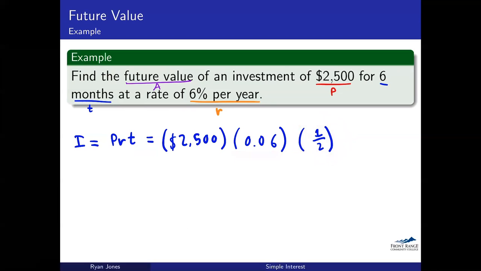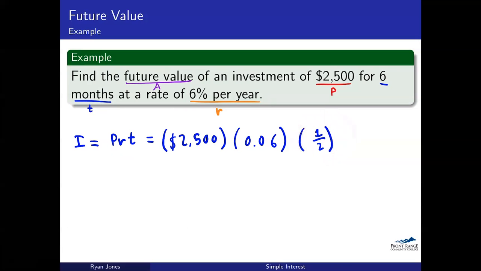The reason that I harp on the fact that this is almost always per year is that the interest rate is almost always per year. Just in real life, we almost always see interest rates per year. So most of the time we'll have yearly units. In some scenarios, like with credit cards, which we'll talk about later, we will actually see different units there. But for now, just be careful that you want this time to be in years.